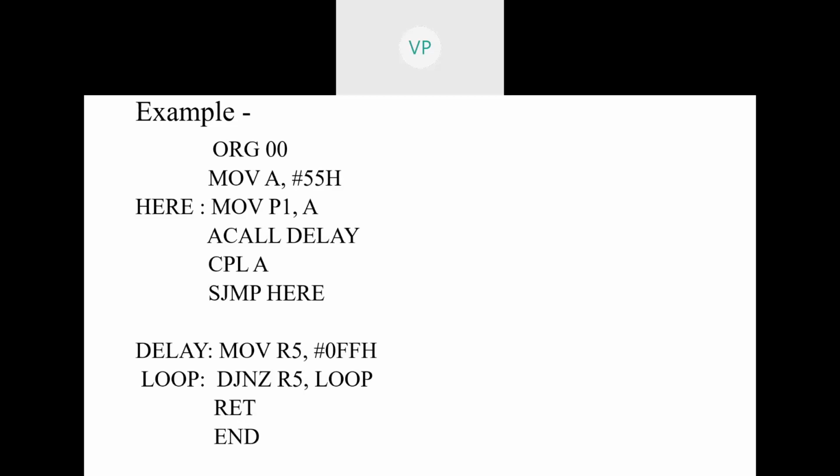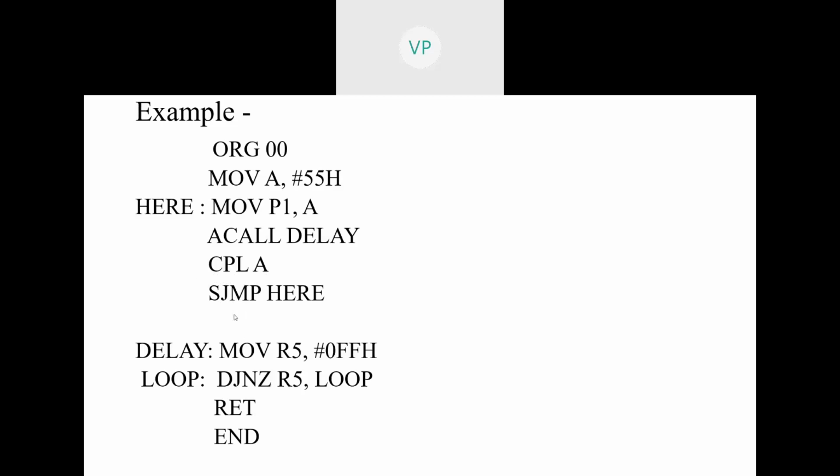It will perform two pop operations so that the program counter will have the address of the next instruction to be executed, which is the address of CPL A here, right? So now the PC will have the address of CPL A, and it will execute CPL A.